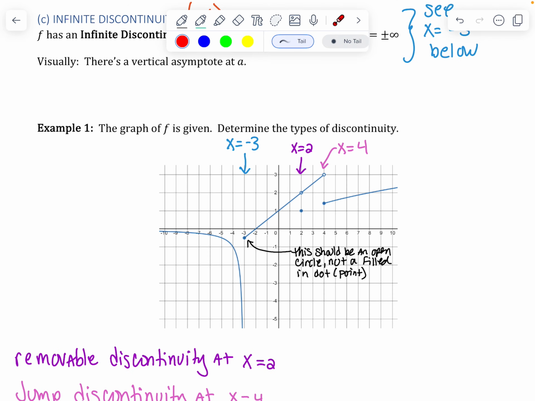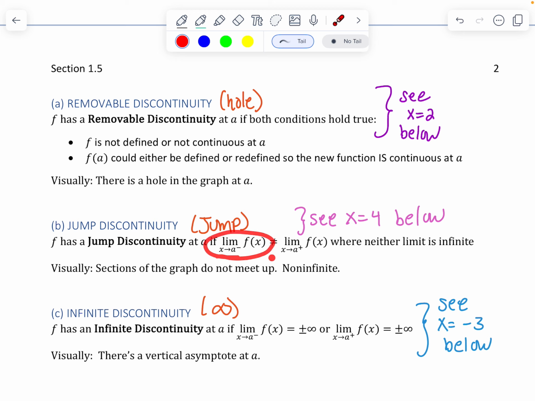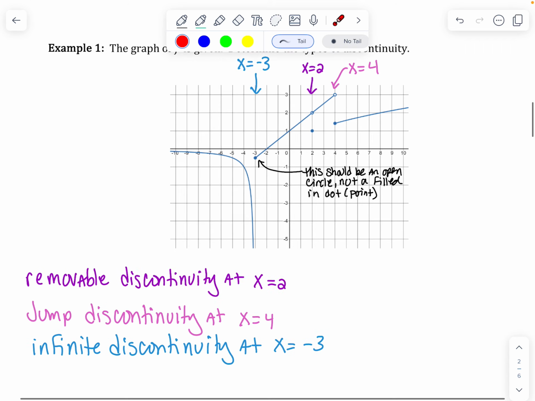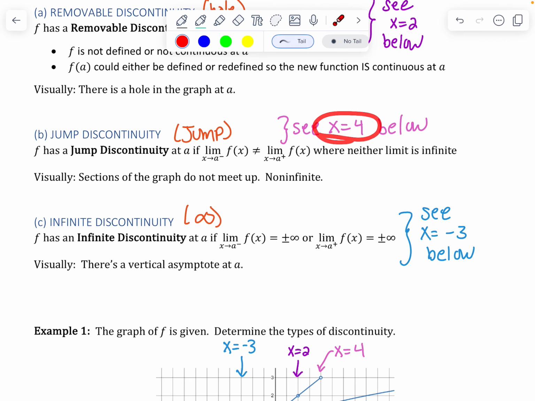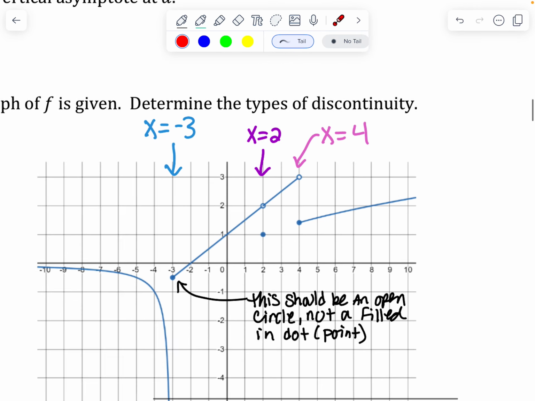The second is jump discontinuity, and so we said basically this is where the limit from the left does not equal the limit from the right, and so basically visually the graphs don't meet up, but it's not infinite. So sorry to make you dizzy, let's look at x equals 4 below.